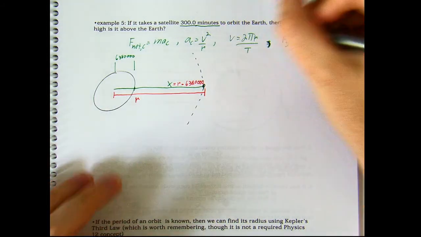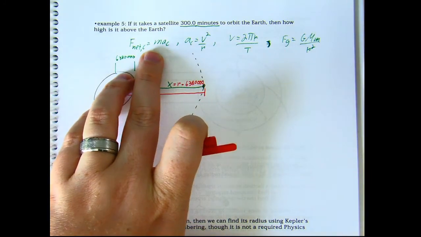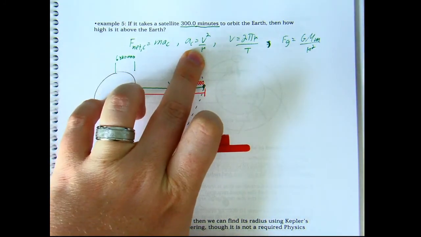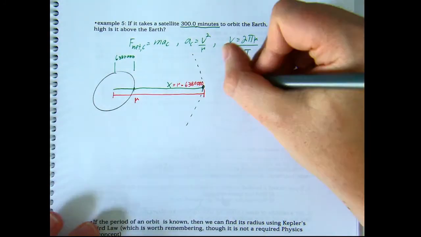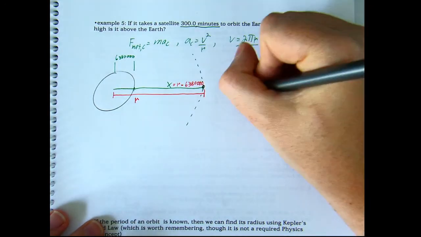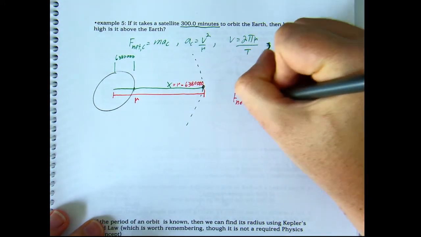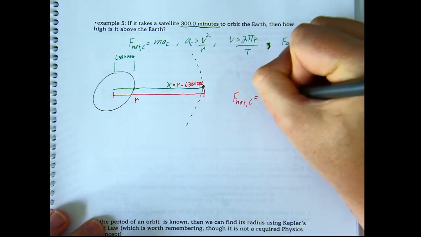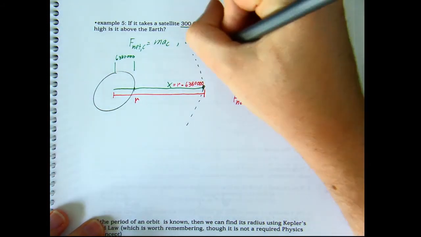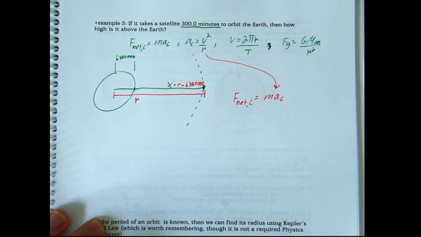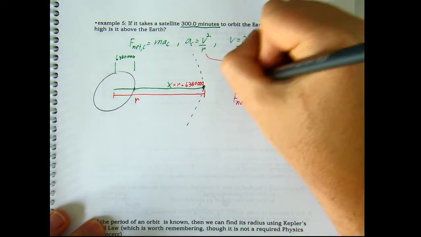We're going to start using, as always, the F net equations and the centripetal acceleration equation. So we're going to get F net C equals m a C. We're going to plug this guy in there. Now we're going to plug F G over in there.